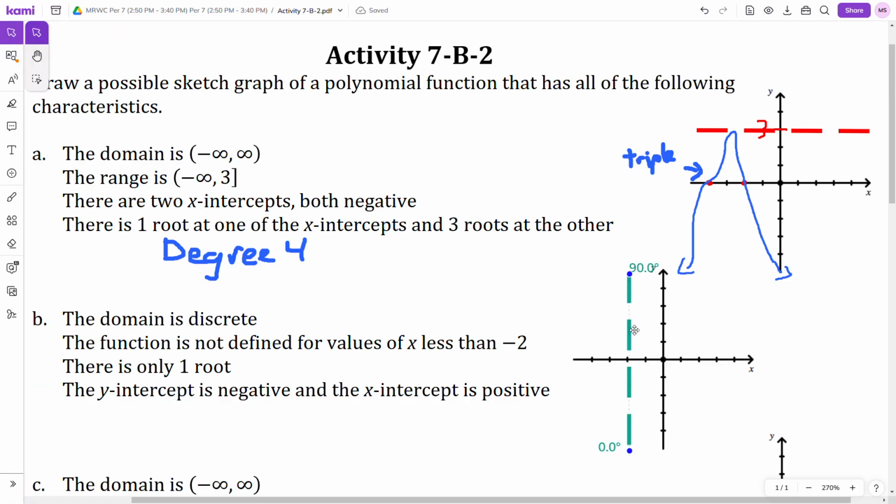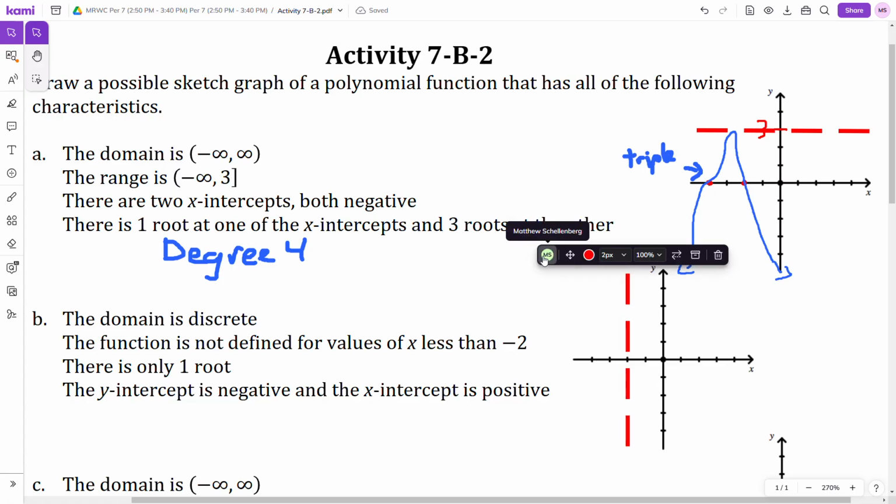And let's move it ever so slightly. Close enough. So this time it's not defined for values of x less than -2. So it could actually be -2. It's just not defined for values less than -2.